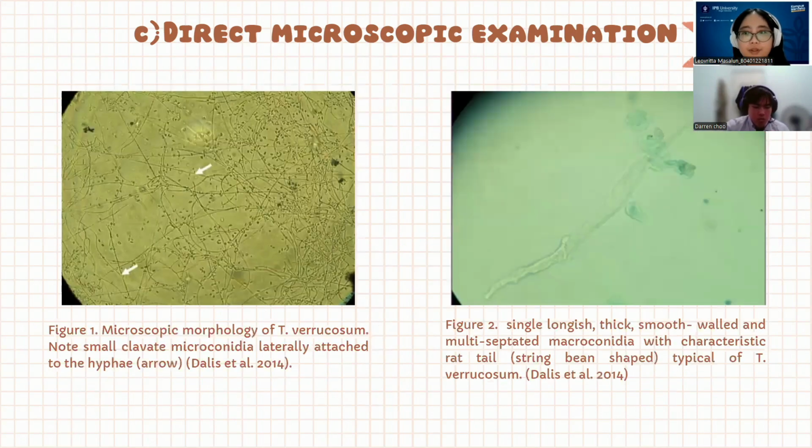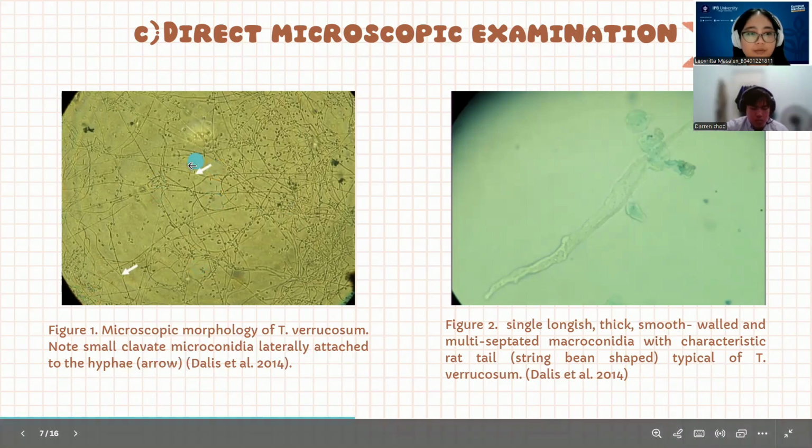So this is the picture of the macroconidia. In the first figure, we can find the small clavate microconidia laterally attached to the hyphae. You can see from the arrow.